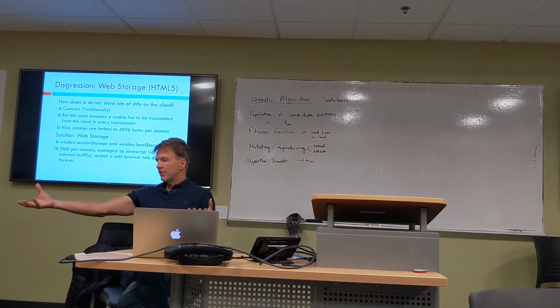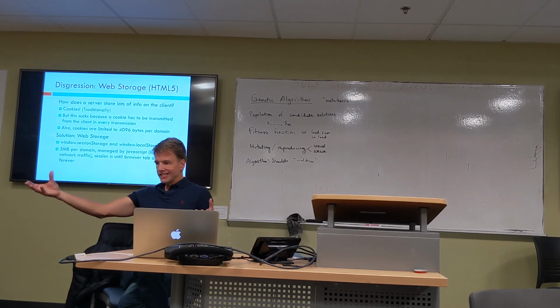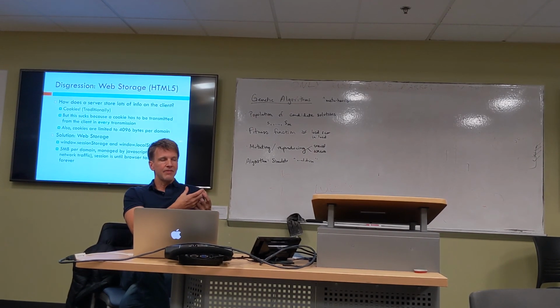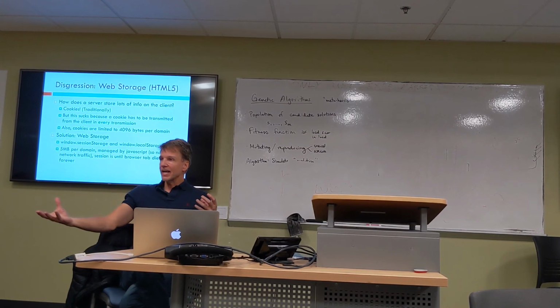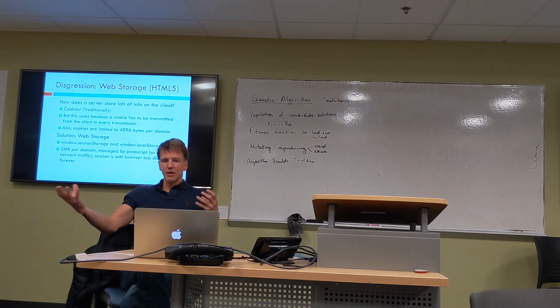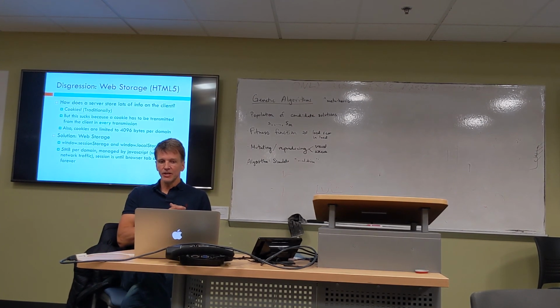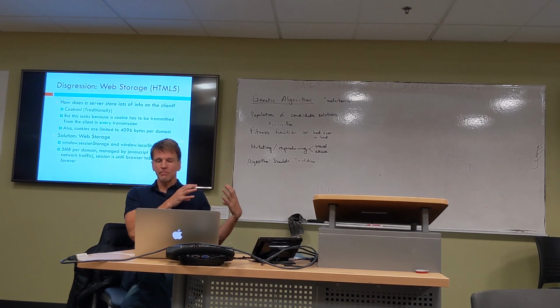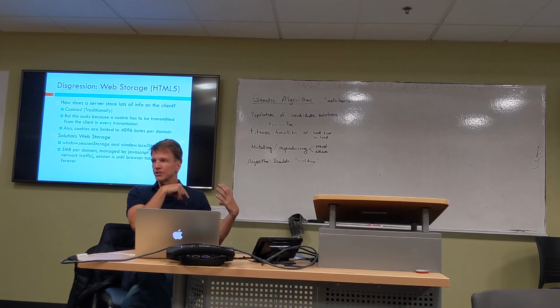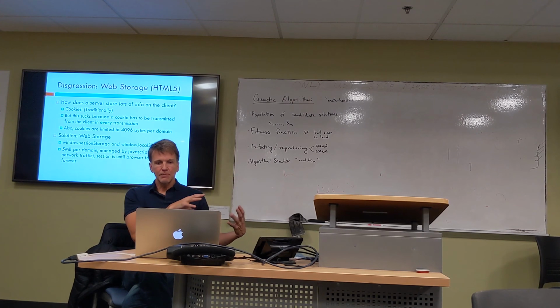Because the server sets the cookie that sends it across the network, and then every single time your browser communicates with that server, it sends it back, even if the server doesn't want it right now. Here, it's only accessed by the JavaScript that's running on your browser, and it's used basically locally, up to 5 megabytes of information stored locally.